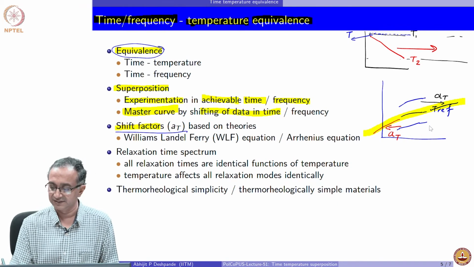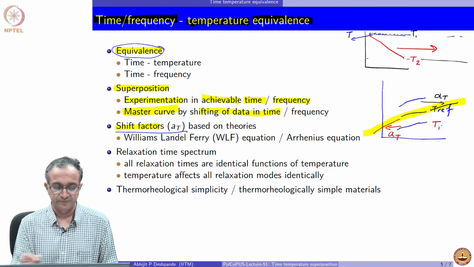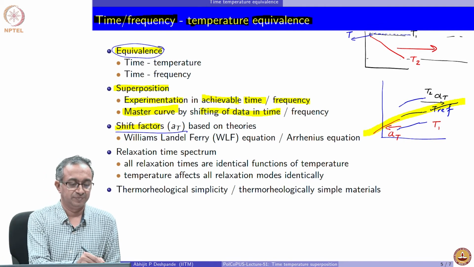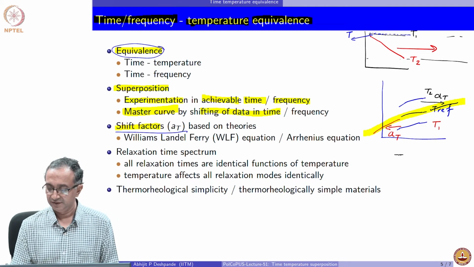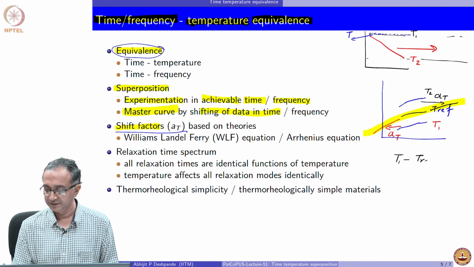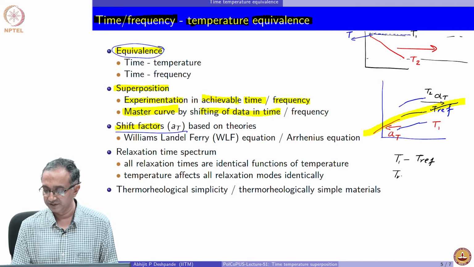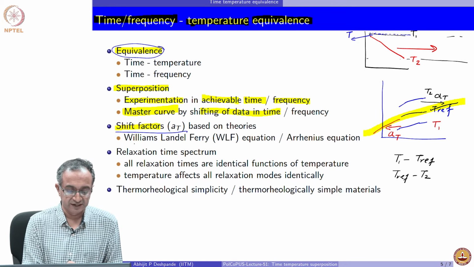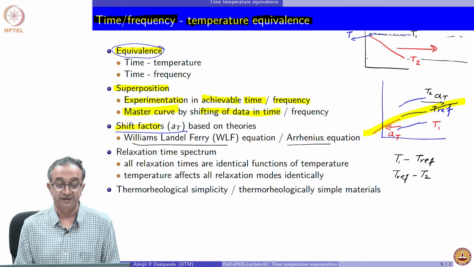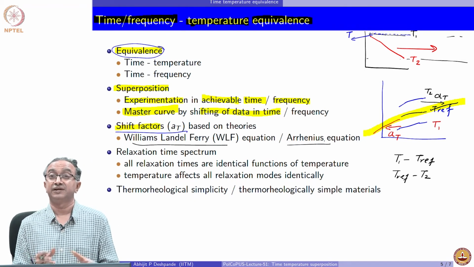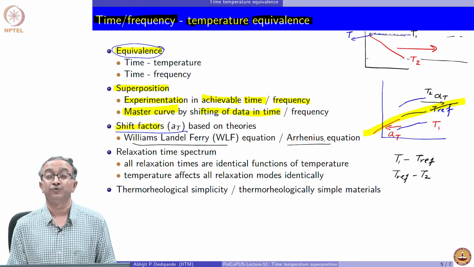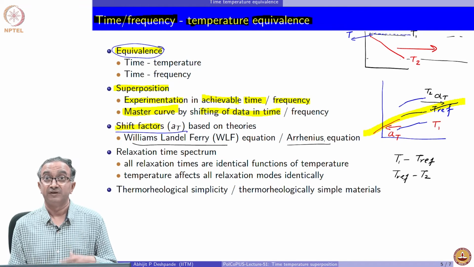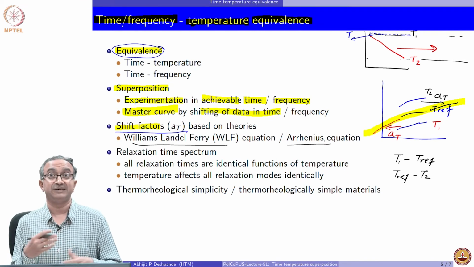So, if let us say this is the T1 and this is T2, then basically T1 minus T reference or T reference minus T2 will tell me how much is the shift, and generally that can be predicted by either Arrhenius or WLF, and if these are predicted based on these well known equations, then we enhance our knowledge of what may be the basic mechanism.